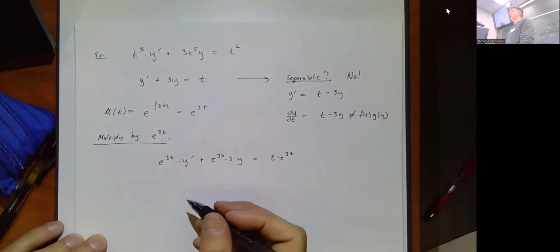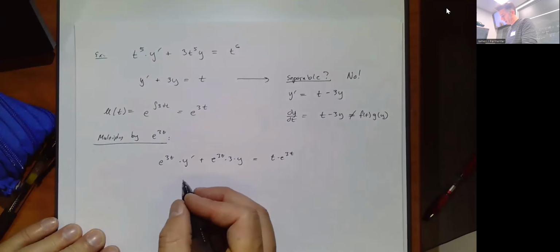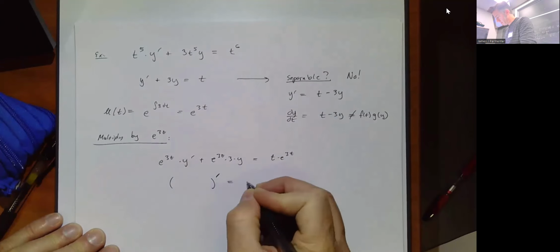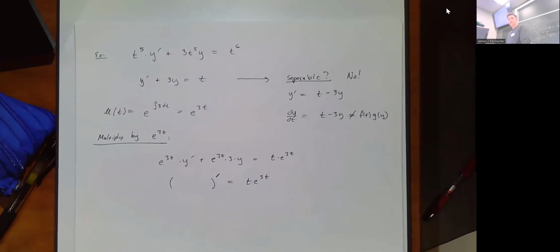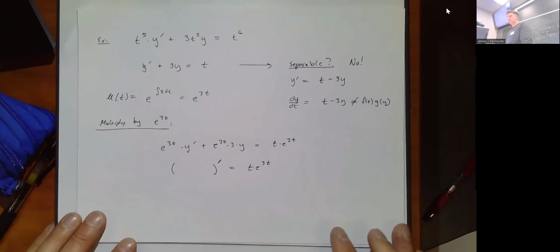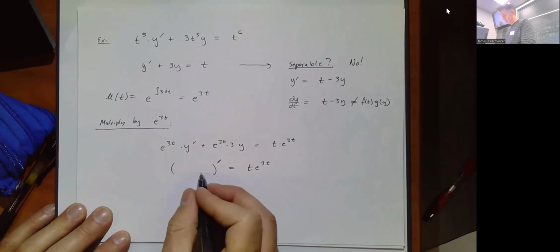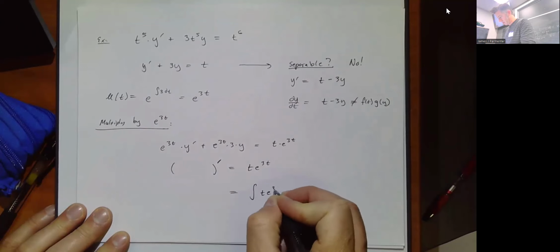And as is every time, everybody, you should take a second and try to rewrite the left-hand side as the derivative of something. You should figure out what goes in there, and then after that, whatever was in there without the prime should be equal to the integral of t e to the 3t.